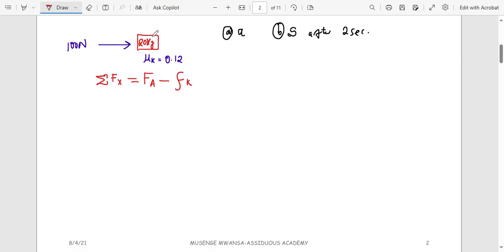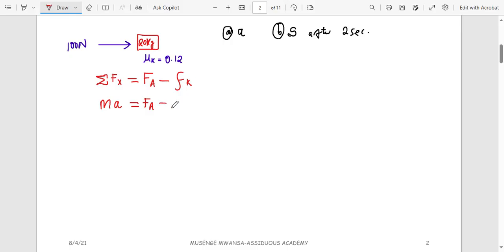Because if the object wasn't moving, there is a force that is trying to stop it from starting to move. That is known as static friction. I would have used static friction here, but this object will be moving, right? And you know from the second law of motion that net force is given by mass multiplied by acceleration. This is going to be equal to the applied force minus kinetic friction.